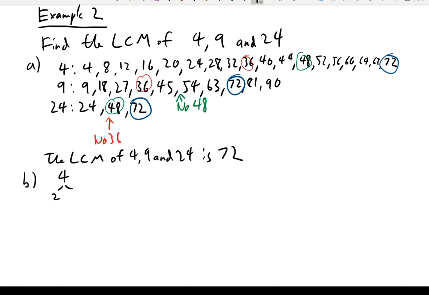4 is equal to 2 times 2, so that's fairly simple. And then 9 is equal to 3 times 3. And then we have 24 is equal to 2 times 12, and then 12 is equal to 2 times 6, and then 6 is equal to 2 times 3.